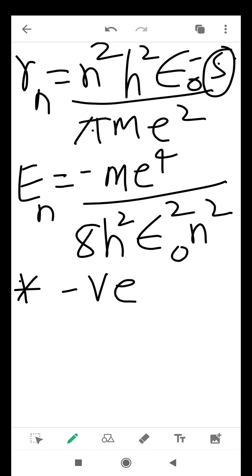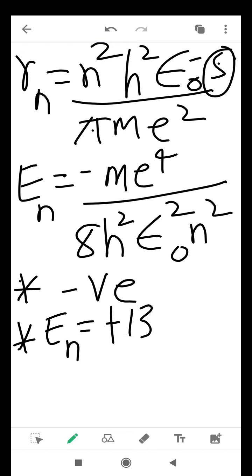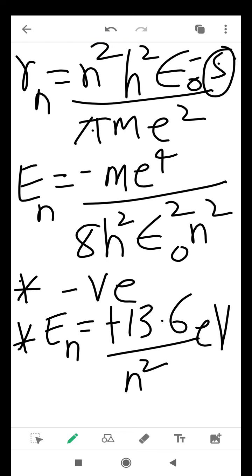In other words, the electron can be taken far away from its orbit if the total energy is positive. So that is En is equal to plus 13.6 divided by n square electron volt.